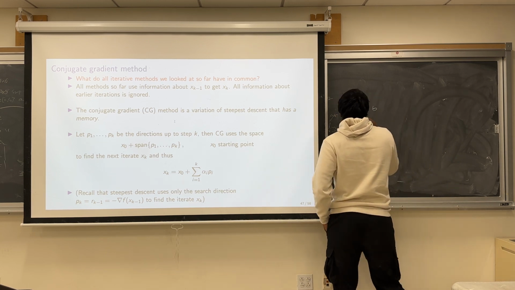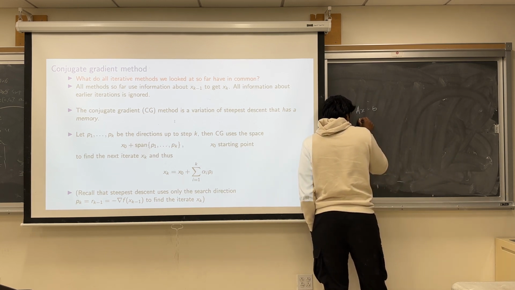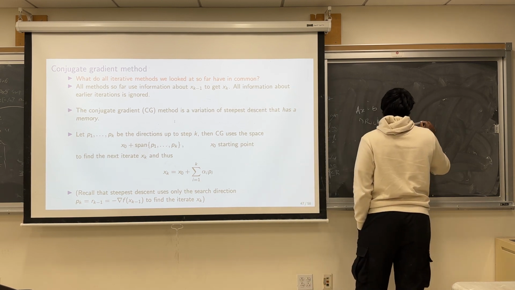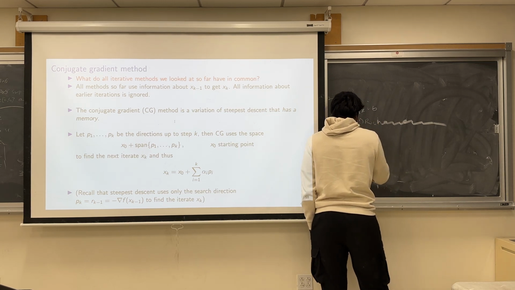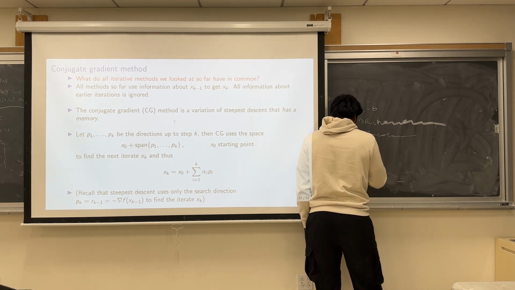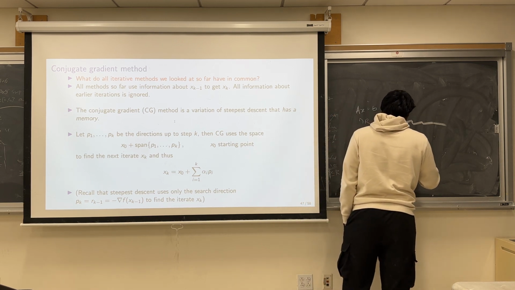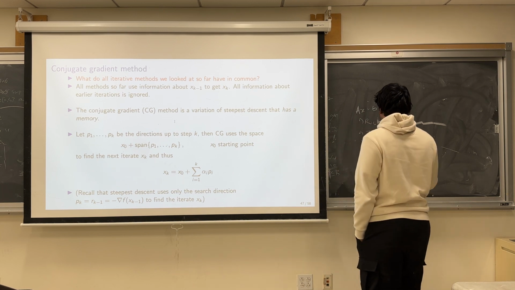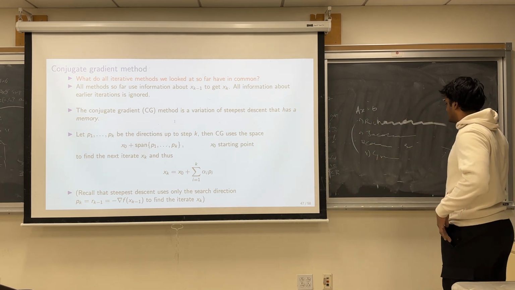So the iterative methods for solving Ax equals b are Richardson, Jacobi, Gauss-Seidel, and now this gradient method, which is the counterpart of Richardson.